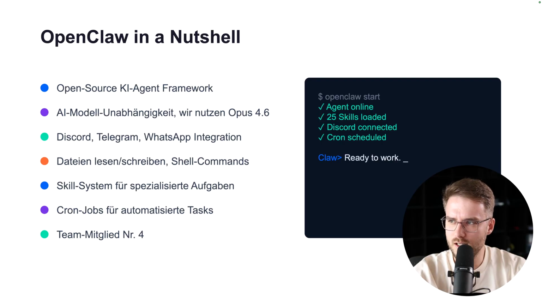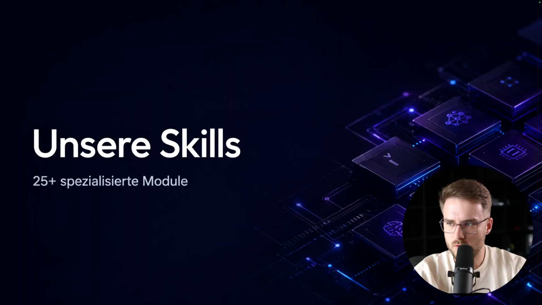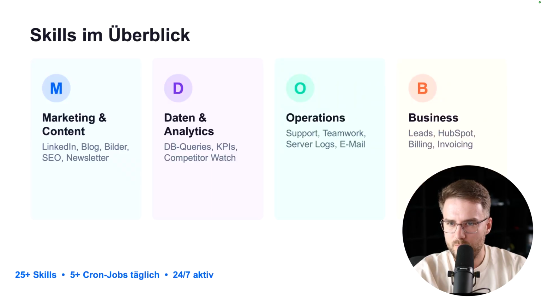I've written down a few things on the side here. It's an online agent. We have 25 skills, which I'll talk about later. We have the whole thing in Discord, and we also have various cron jobs running. We have over 25 skills that we've created. These include things in marketing and content.